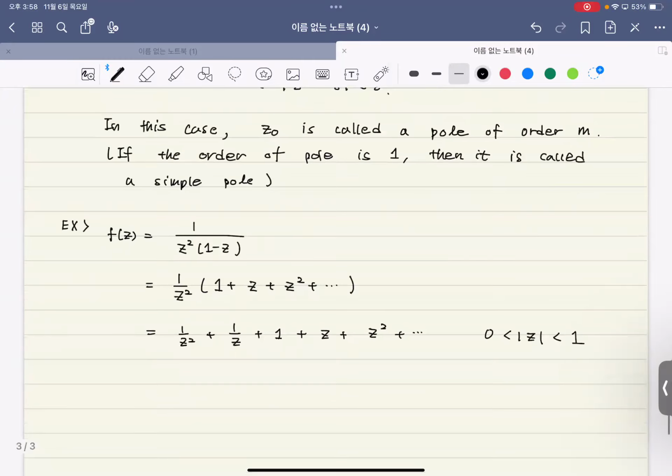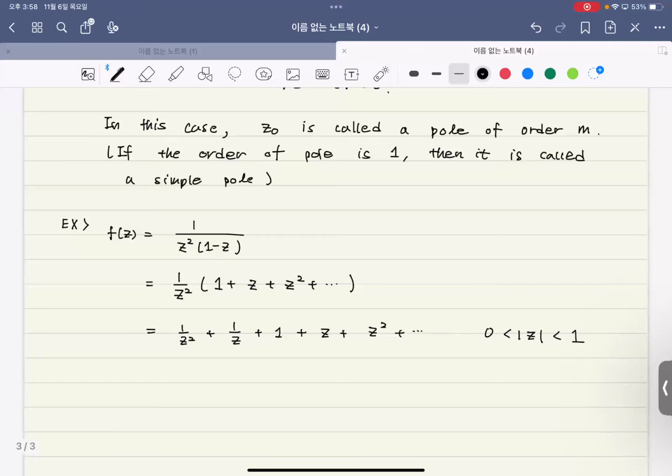So can you figure out the order of this pole? Yeah, the order of this pole is 2, right? In other words, when z is getting really close to the singularity, my function behaves just like a rational function, a constant divided by z squared.